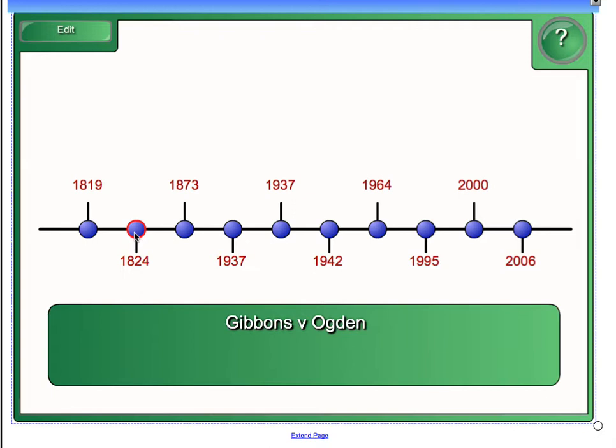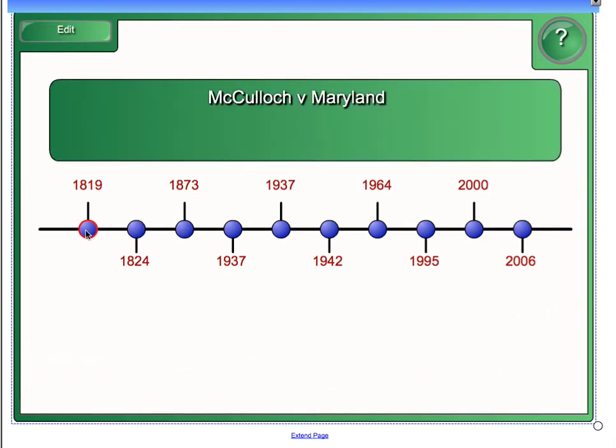And Congress wanted to let other people navigate the Hudson River. And the Supreme Court said that Congress has the power to regulate interstate commerce. So the fact that that steamboat went between New York and New Jersey meant that that was up to Congress, not New York. So it took his monopoly away on that one. So Gibbons versus Ogden is the Commerce Clause. McCulloch versus Maryland is the Elastic Clause and Supremacy Clause.